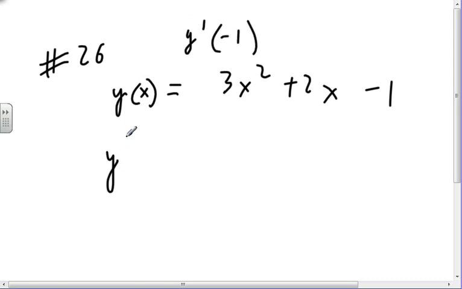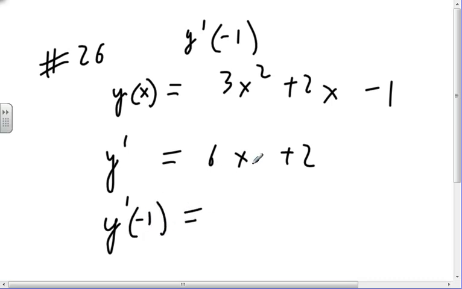Okay, so y prime is 6x plus 2, y prime at minus 1 is minus 6 plus 2, minus 4. So the slope of this curve at x equal to minus 1 is going to be minus 4. That's what that's saying. You just did number 25. I did? All right, no problem.